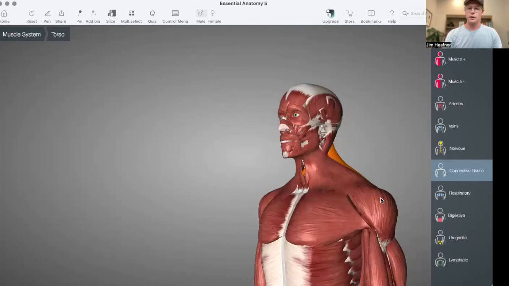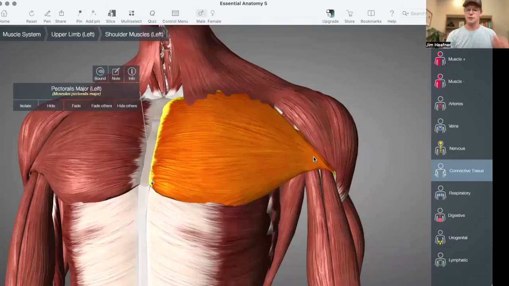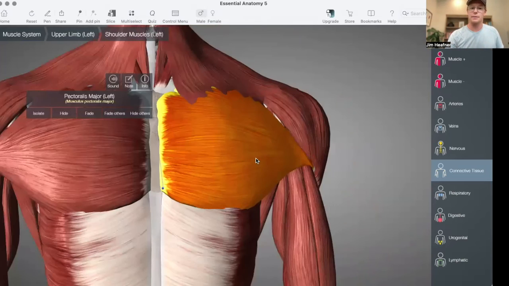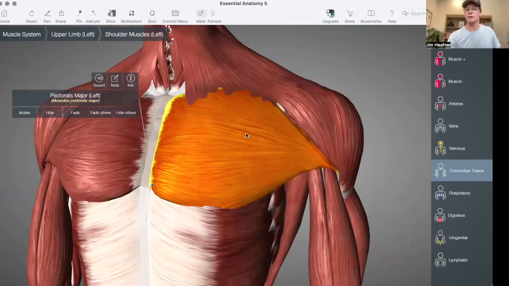Let's go over anteriorly here. And so this is where we're getting into some of the other muscles that are attaching to the scapula. This is the pec major here. That muscle is going to pull across the body, so it helps with adduction and internal rotation.